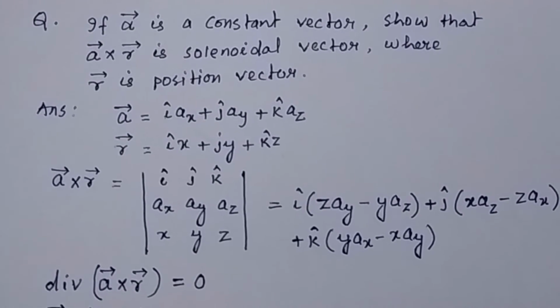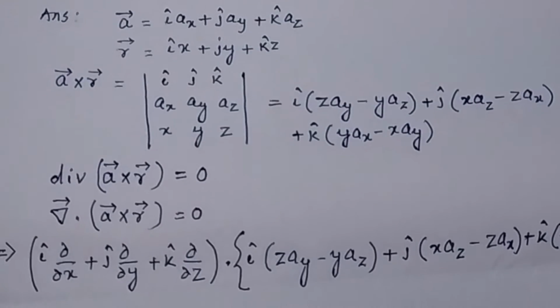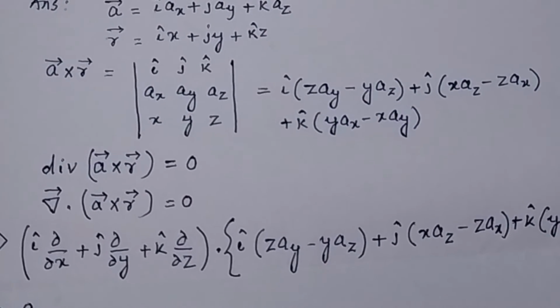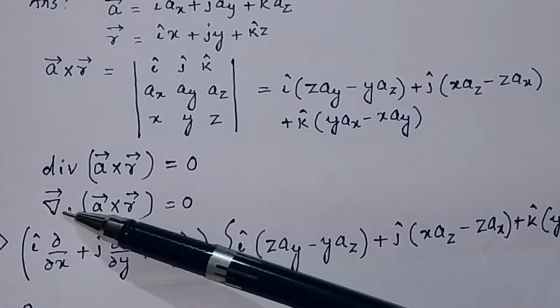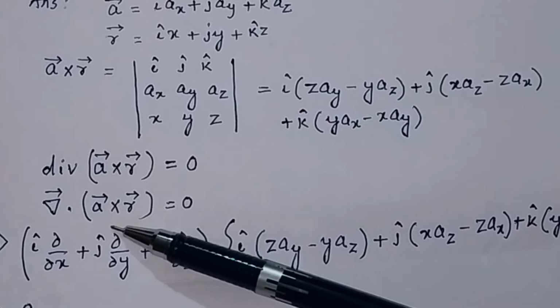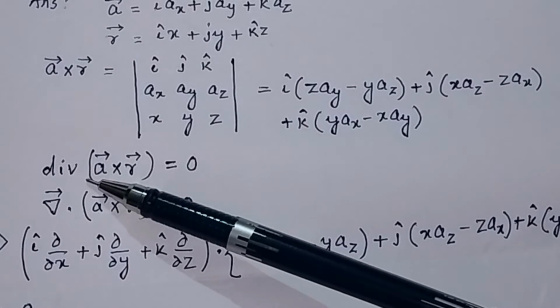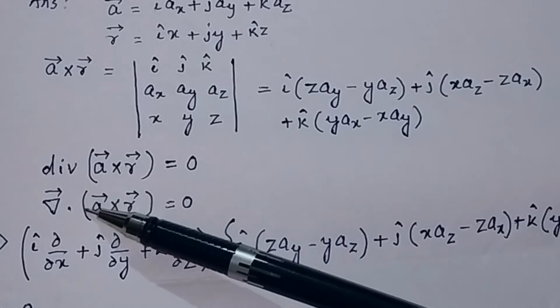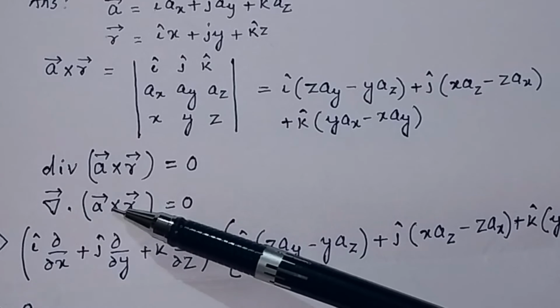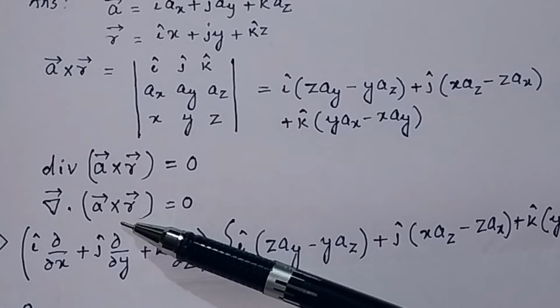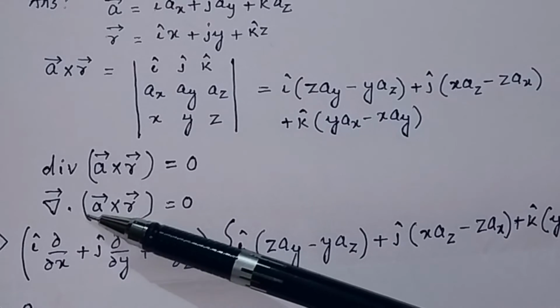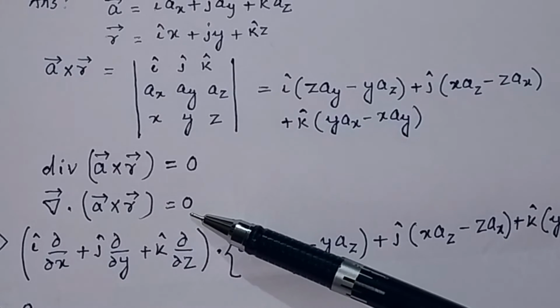To find the divergence of A cross R, we know divergence can be represented by the del operator, del dot the vector. So del dot A cross R must be equal to 0. For A cross R to be solenoidal, del dot A cross R will be equal to 0.